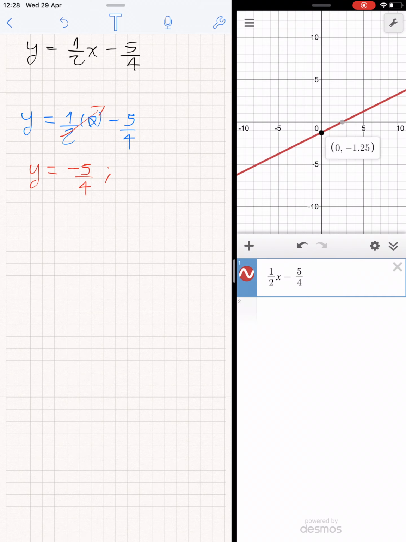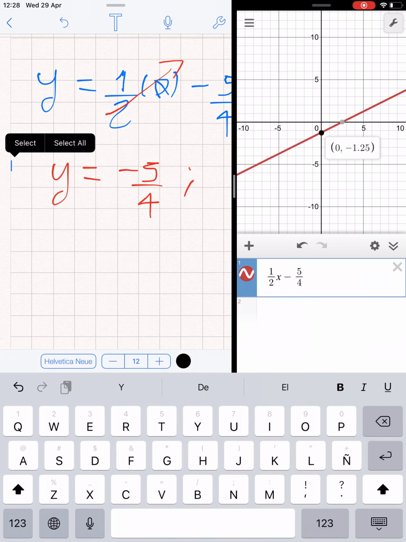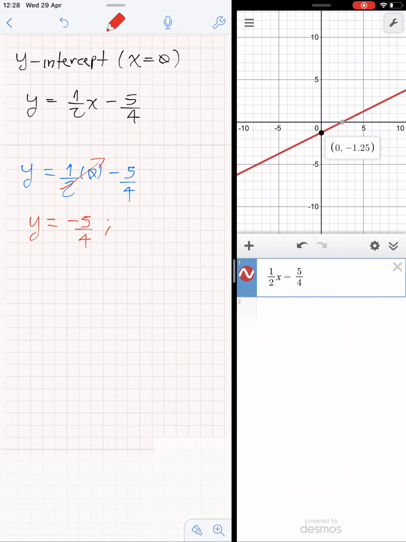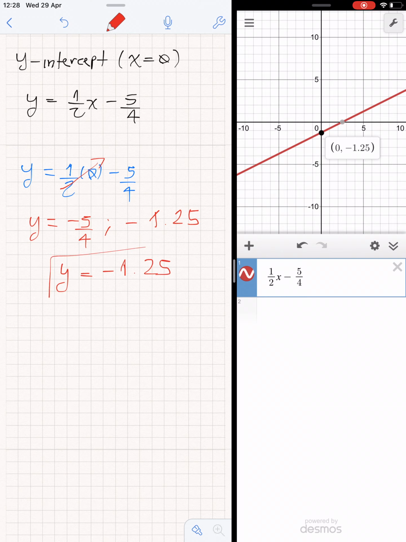After dividing this, our answer is minus 1.25. Therefore, the y-intercept in decimal is negative 1.25.